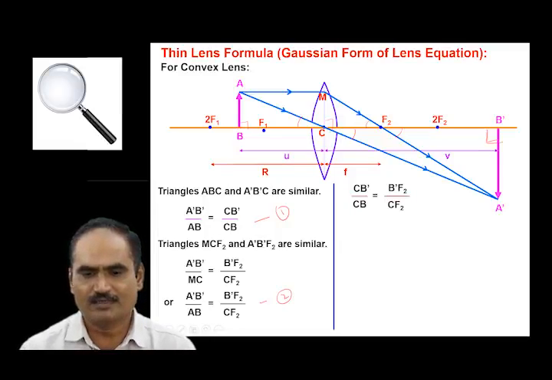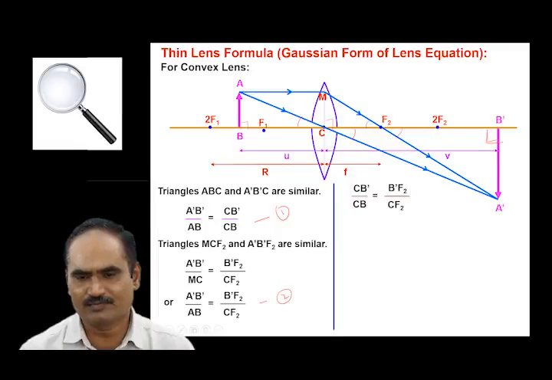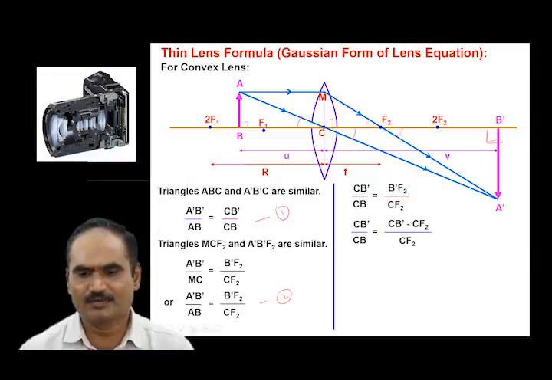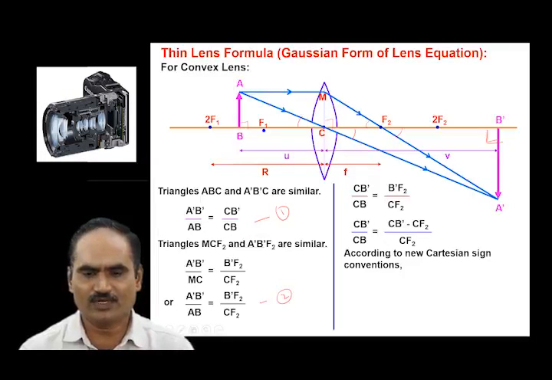And B dash F2 here we can write as B dash C minus F2C, or CB dash minus CF2, and the remaining things are the same. Then substituting these values, what is CB dash? CB dash is the image distance, and it is in this direction, so it should be taken positive.